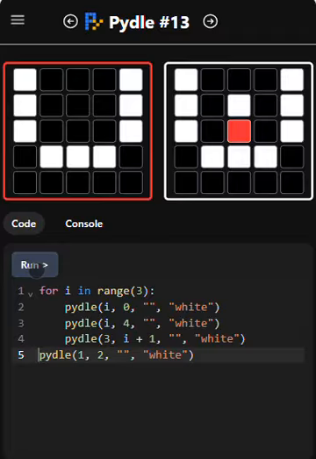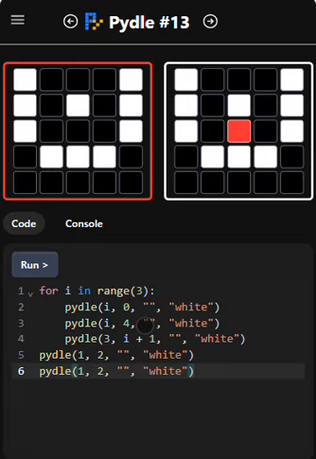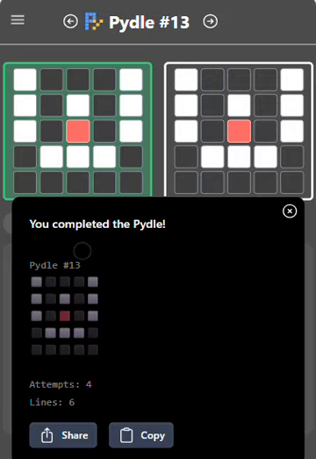Okay, so that is that one. And then finally, just the red cell. So that's going to be number 2, right in the center of the graphic, that needs to be red. Okay, that solves the puzzle.